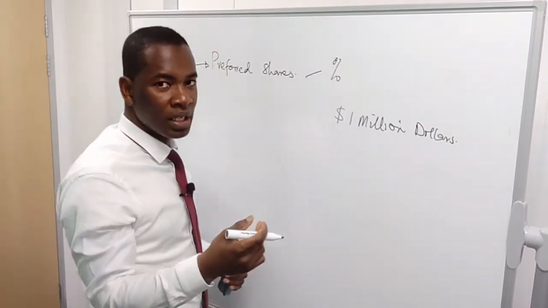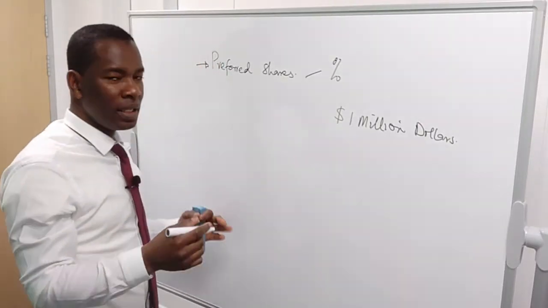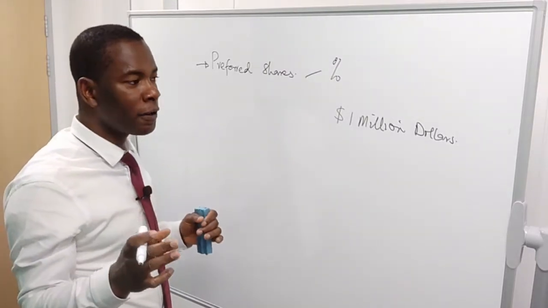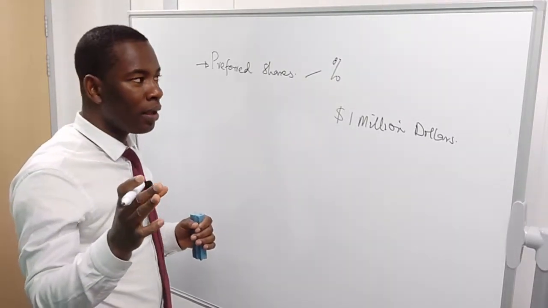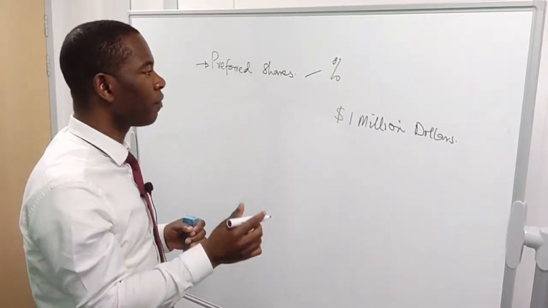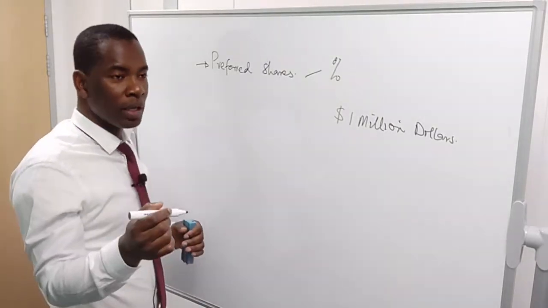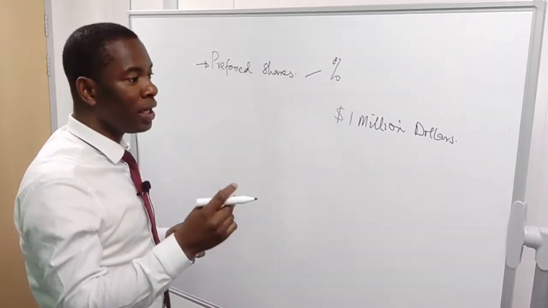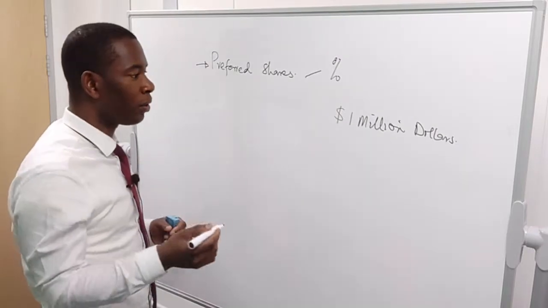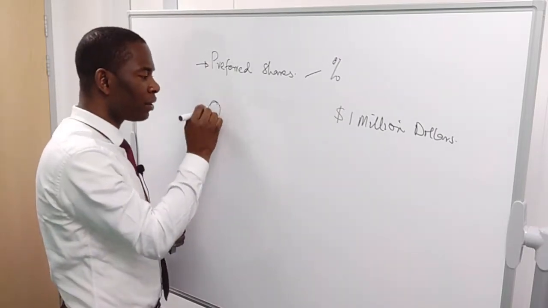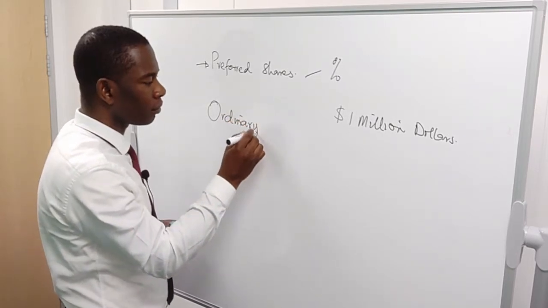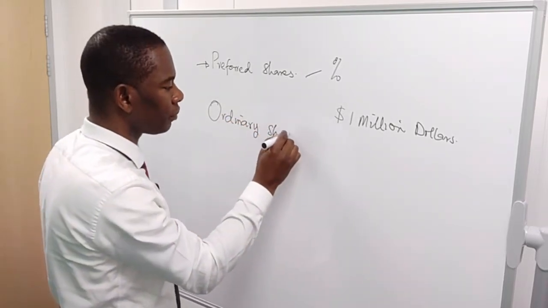So that is what it is. In reality, you cannot say you are really an owner of the company. The only way you can be an owner of the company is if you have what you call ordinary shares.